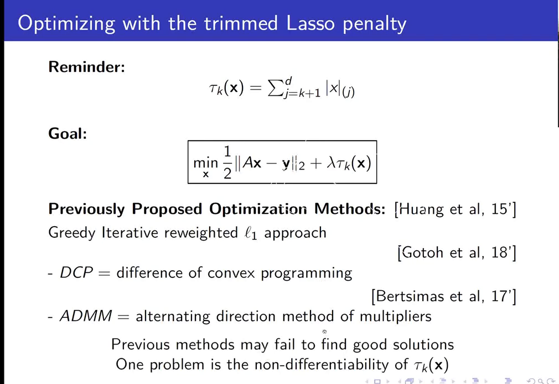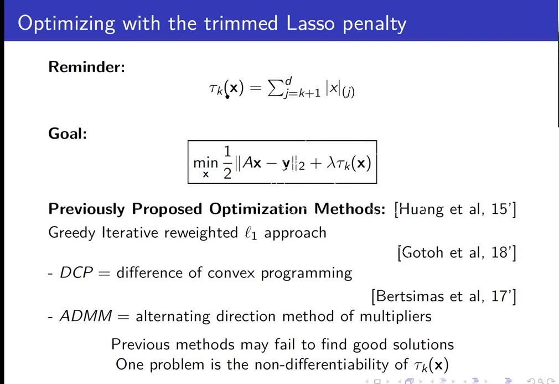And I think, at least from our perspective, one of the reasons for this failure is that, let's think about this penalty tau k. Okay, I mean, Ax minus y, I'm missing a square here. Ax minus y squared is convex, differentiable, everything is nice. But what about this tau k of x? It's the sum of the absolute values of the smallest coefficients.